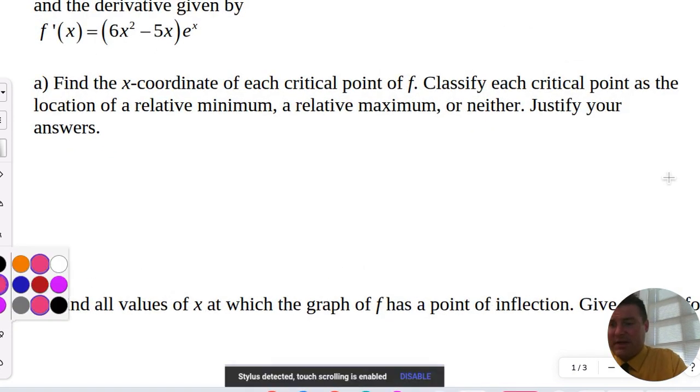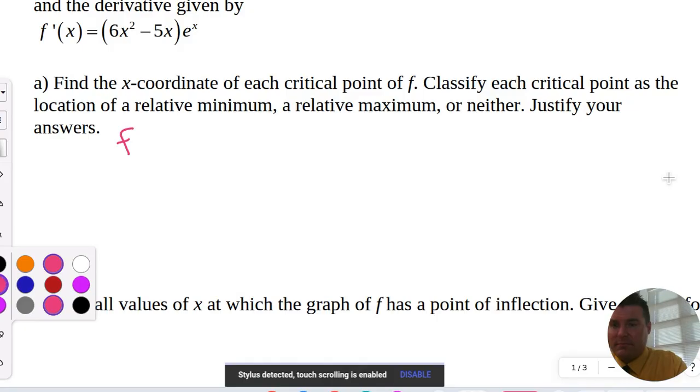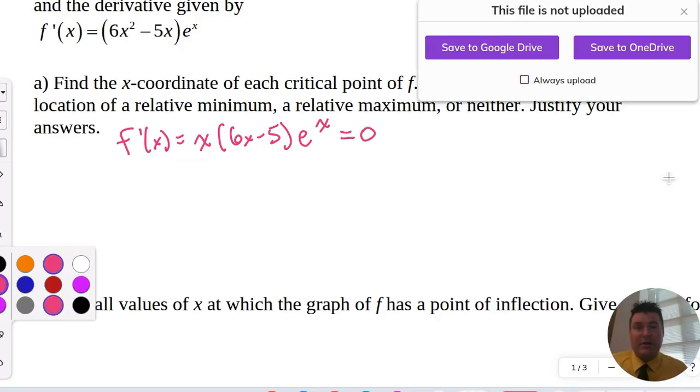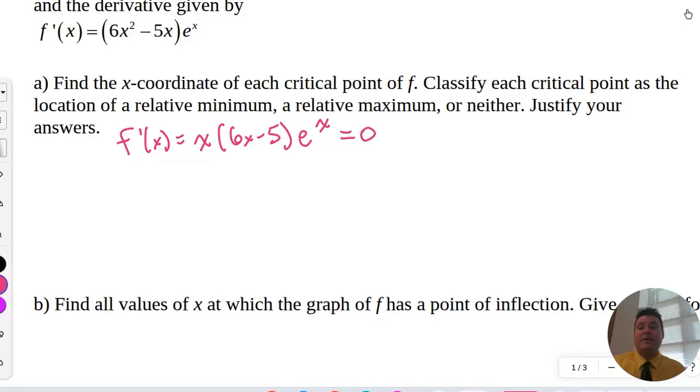I can rewrite f prime of x as x times (6x minus 5) times e to the x. I'm going to set this equal to 0 so I can find my critical points. Please take note that I also want to find where f prime is undefined, but for this derivative, it's not in a ratio and it's not any type of piecewise function. It's pretty straightforward, so there are no undefined parts here for f prime.